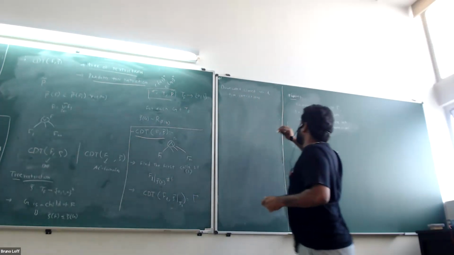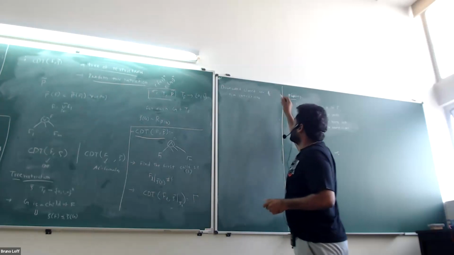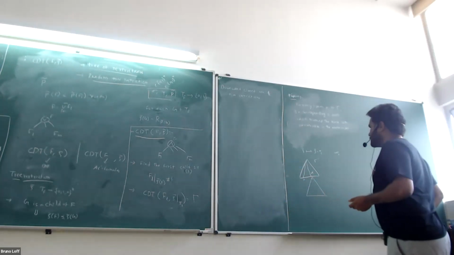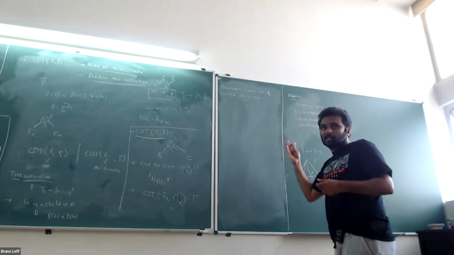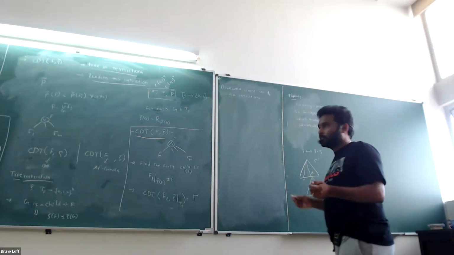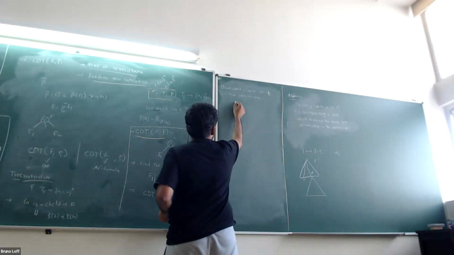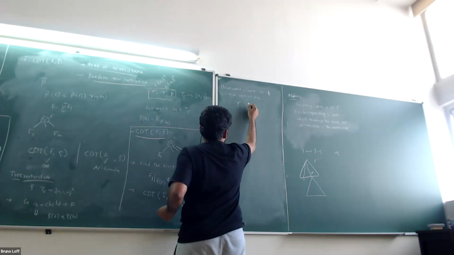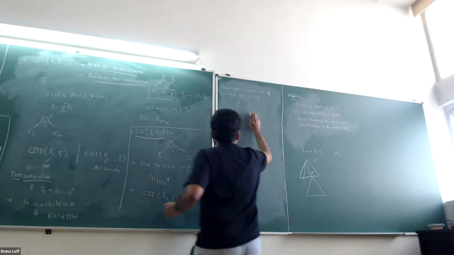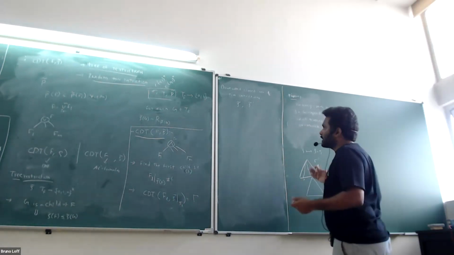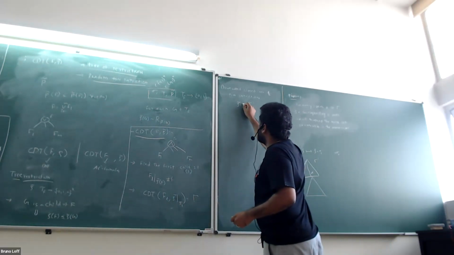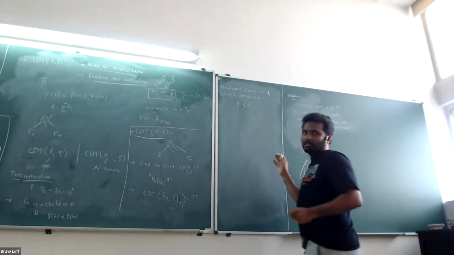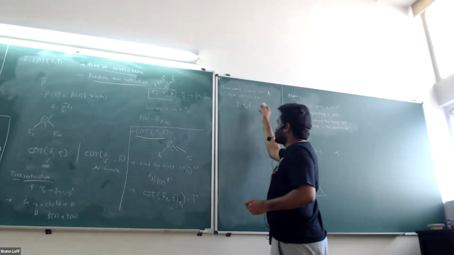So now we want to define a partial order among the restrictions. So you have a tree, let's say root delta, and you have root delta prime. When would you say that this is less than root delta prime?